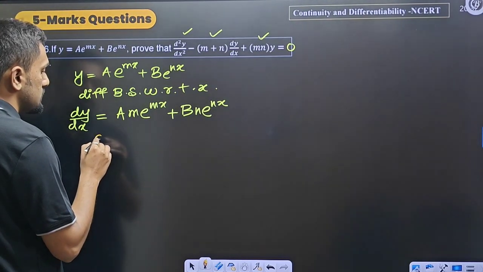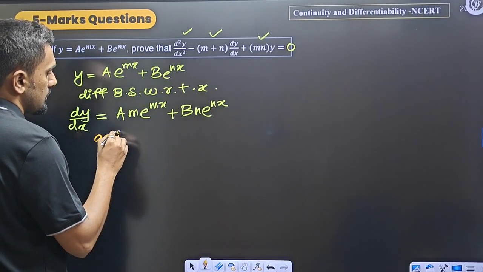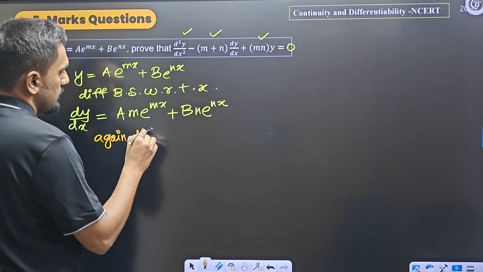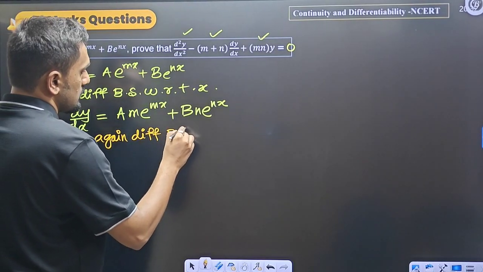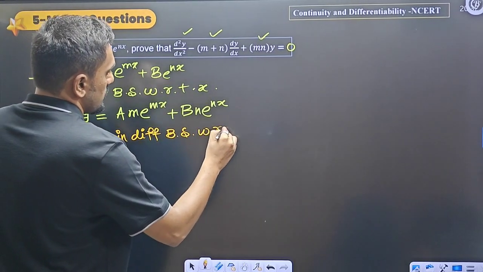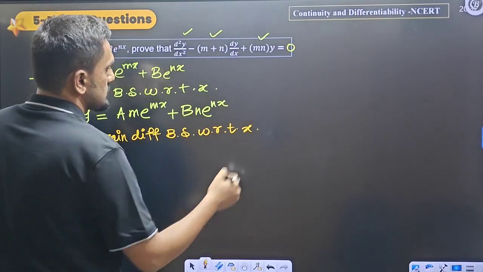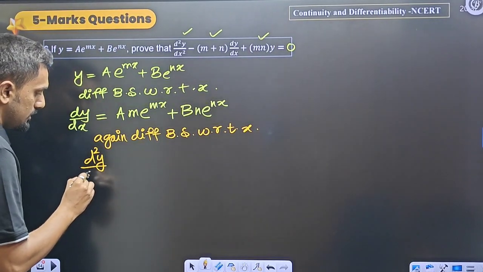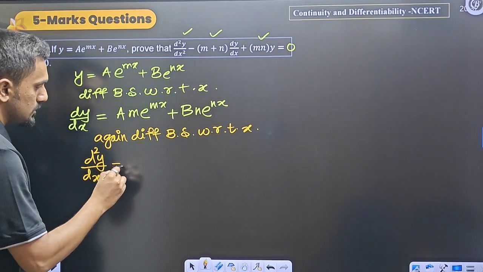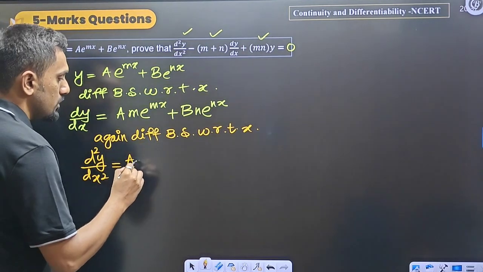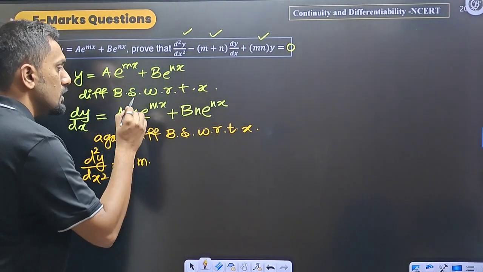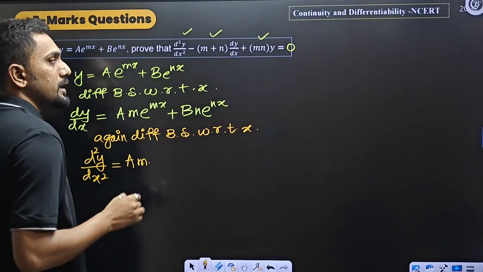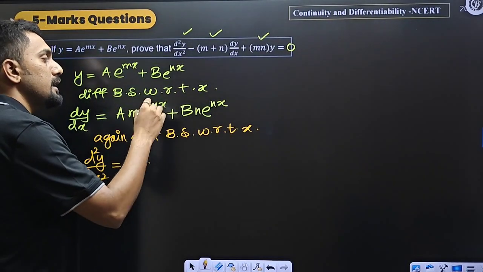Okay, and then to get d square y by dx square, I should differentiate this function with respect to x again. So again differentiating both sides with respect to x, then I will get d square y by dx square as a into m into e raised to mx, derivative becomes m e raised to mx.